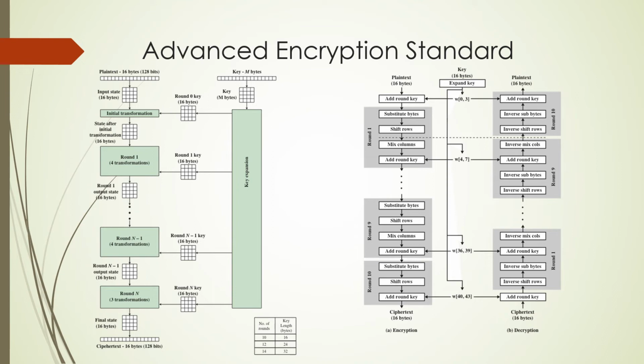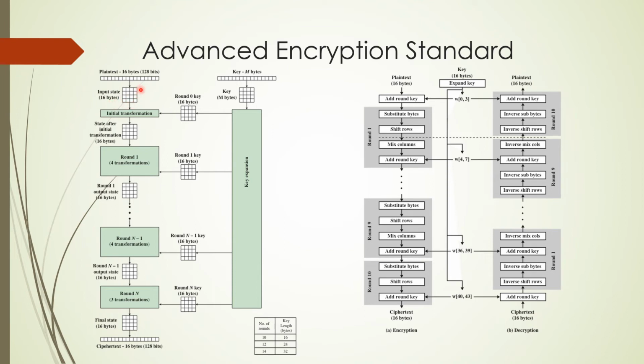One thing that you need to understand about AES is that it's an advanced version, so it's going to be faster and more secure compared to DES. However, it has more complicated operations, and it's harder to understand.